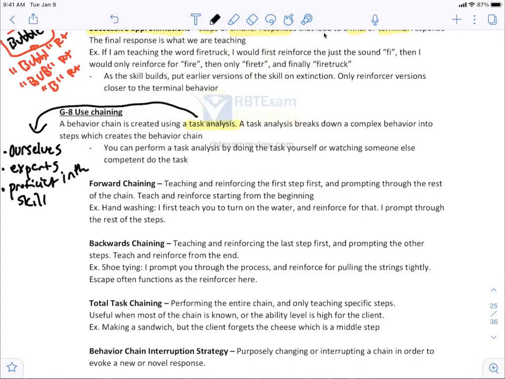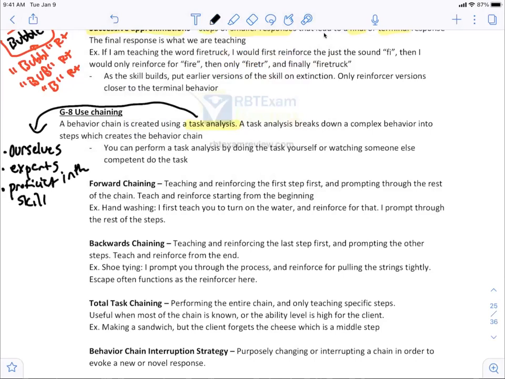So we can use ourselves as task analysis models, right? We can perform the behavior and mark our steps down. We can look at an expert performing that behavior. If we're teaching someone to ride a bike, maybe we look at an expert bike rider, right? Someone who knows how to do it. We can look at their steps and make a task chain out of those steps. Or we can simply look at somebody proficient in the skill who's able to do that skill, and we record those steps as we go.